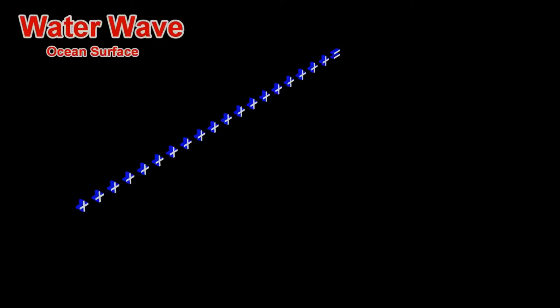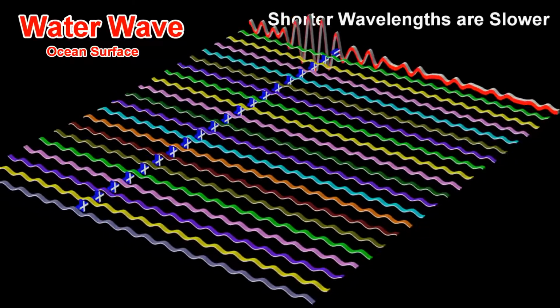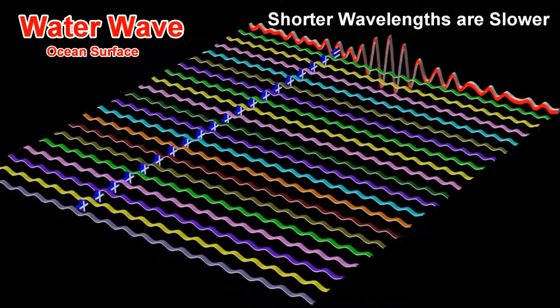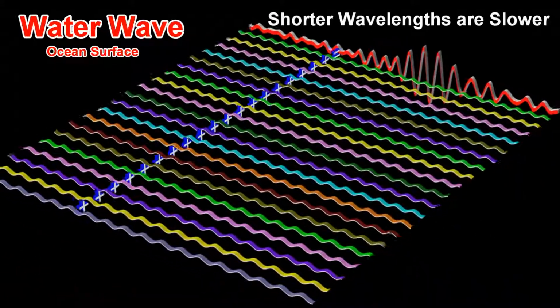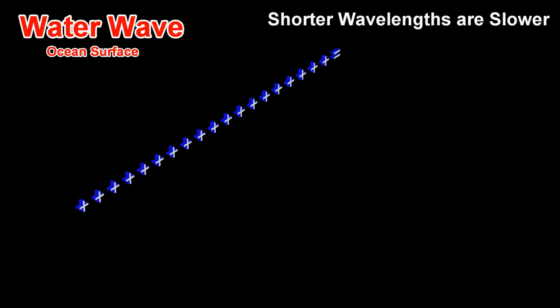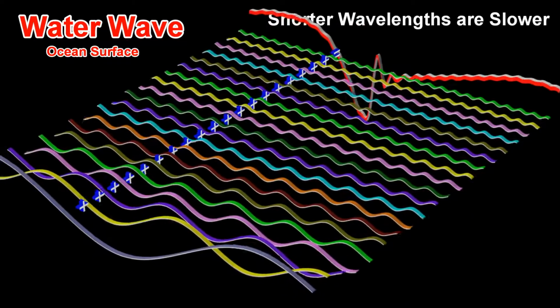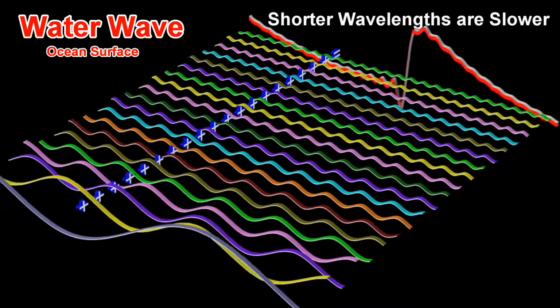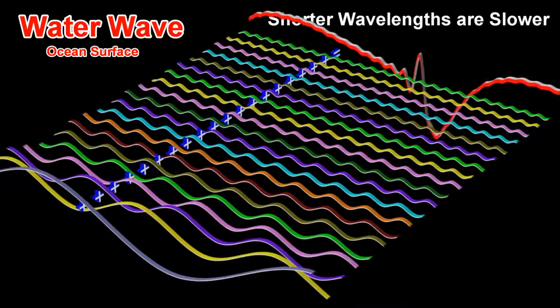For classical water waves on the surface of an ocean, the waves with a shorter wavelength have a slower phase velocity. When different wavelengths have different phase velocities, we can have dispersion, where the waveform has a sharp peak at one moment in time, but is dispersed at another moment in time.